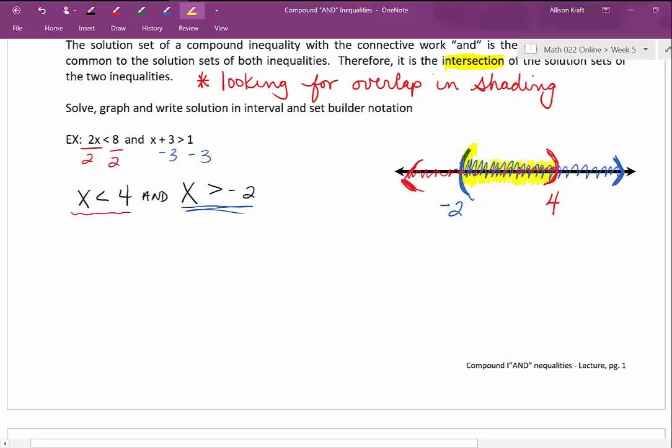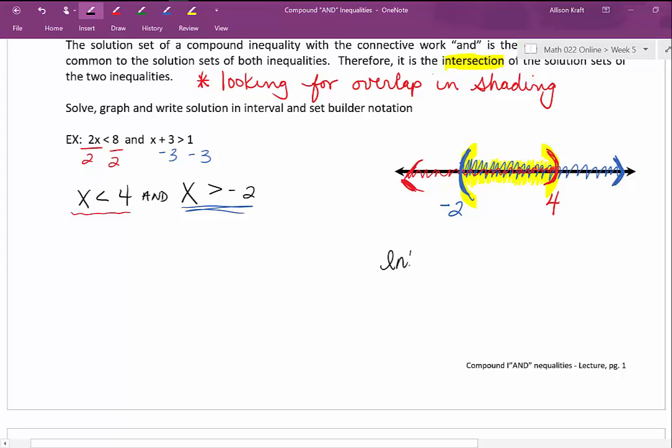So when you are taking a test or a quiz, you need to indicate that the part of the graph we're interested in is the overlap by either coloring it in extra dark or using a different color ink. Now that we have our graph, we want to write our set builder and interval notations.